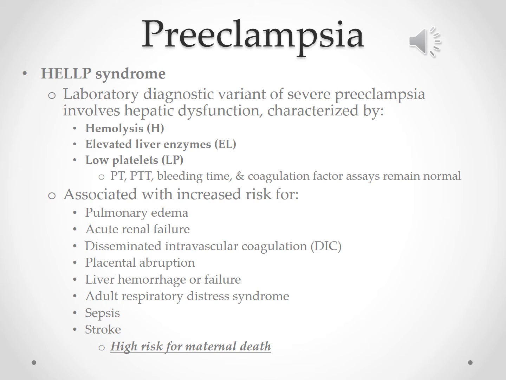HELLP syndrome is often nonspecific in its presentation. You don't see demonstrated the changes of preeclampsia clearly enough to readily identify what's going on. For instance, her blood pressure may only be slightly elevated, and she may not even have the proteinuria.